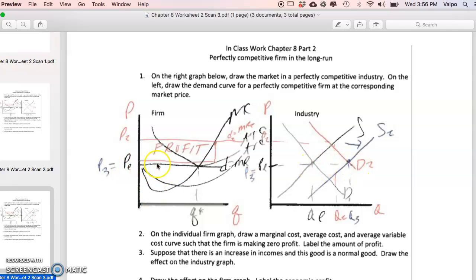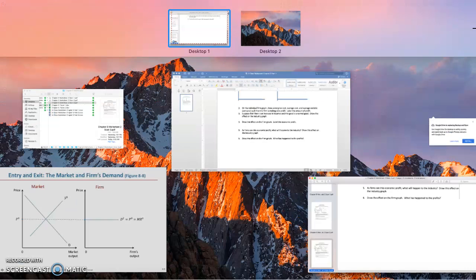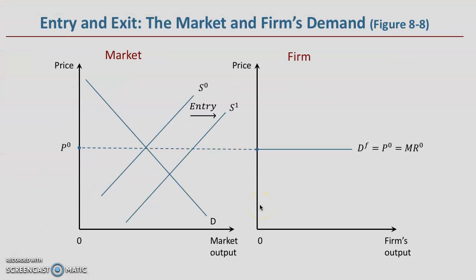So what happens is we return back to the minimum average total cost curve, and we return to the point where there is zero profit. So in the long run, a perfectly competitive firm will have zero economic profit.